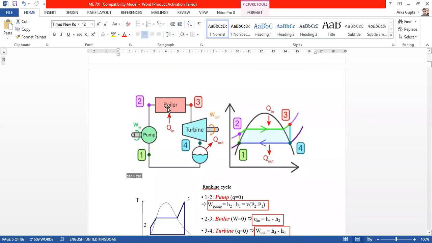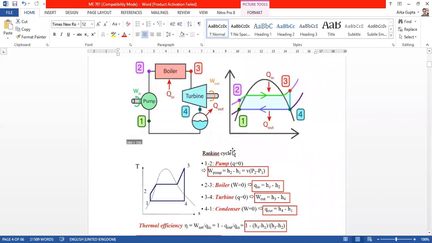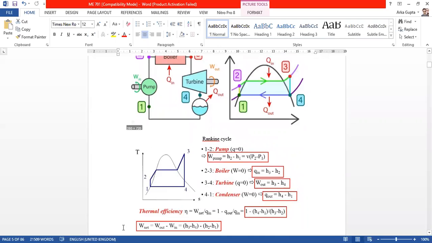We have already learned the Rankine cycle: boiler, turbine, condenser and pump. In the pump 1 to 2, in the boiler 2 to 3, in the turbine 3 to 4, and in the condenser 4 to 1. Here the TS diagram, temperature entropy diagram, is also drawn.